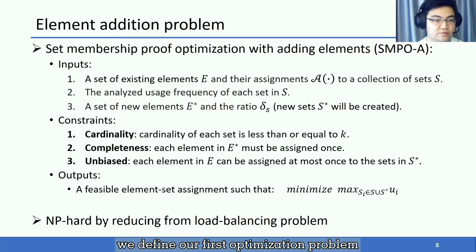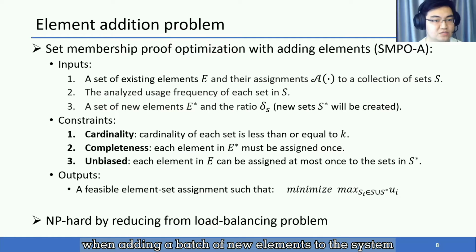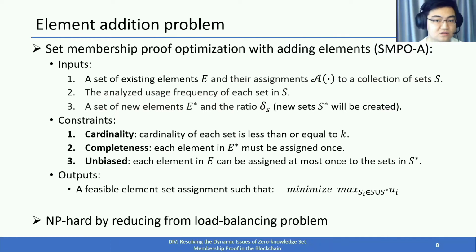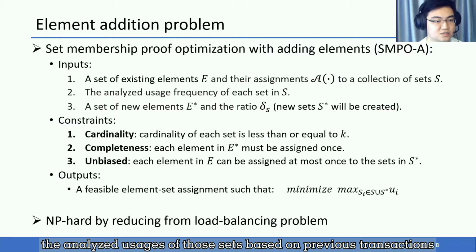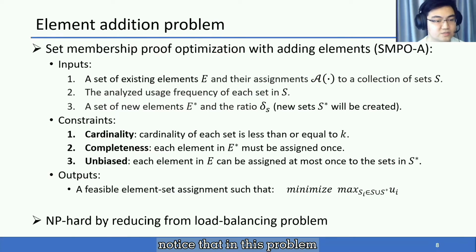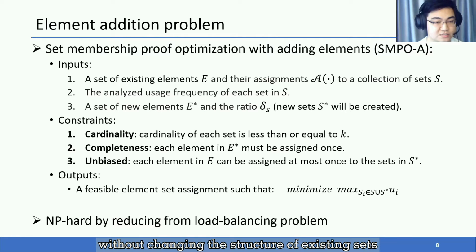We define our first optimization problem aiming to provide guidance to set maintainers to maintain the subsets when adding a batch of new elements to the system. The inputs are a set of existing elements E and their assignments to a collection of sets S, the analyzed usage of those sets based on previous transactions, as well as a set of new elements E star, and the set number ratio delta S. Notice that in this problem, the maintainers only create new sets S star to accommodate new elements without changing the structure of existing sets.